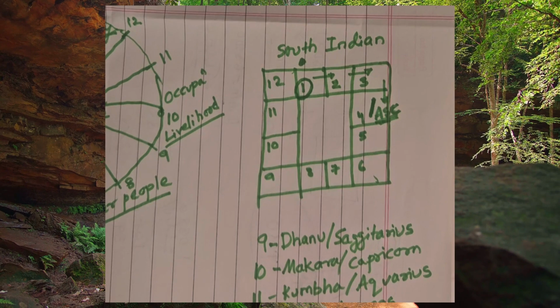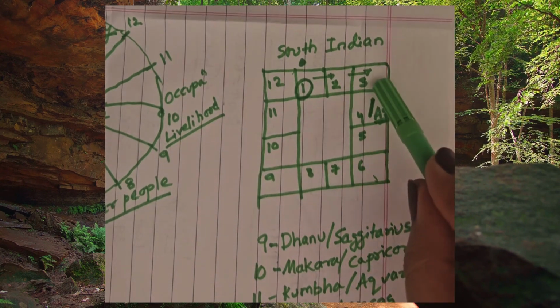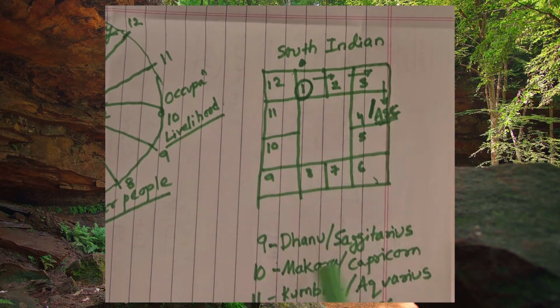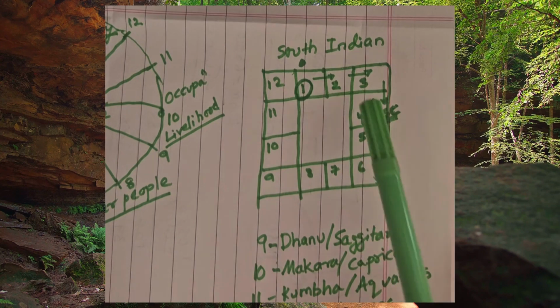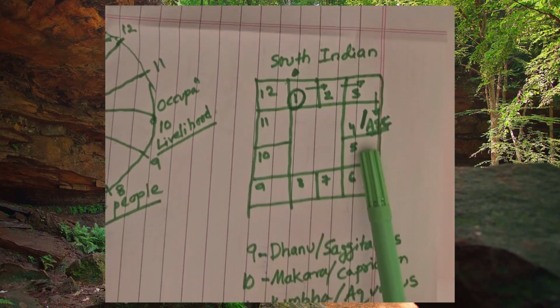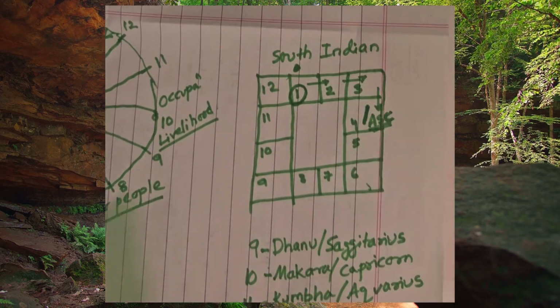So in later sessions we will see a planet is placed here. What planet is placed here? What does that mean? That part we will cover. But so far, just understand that the entire zodiac is divided into 12 parts, and those 12 parts are numbered.